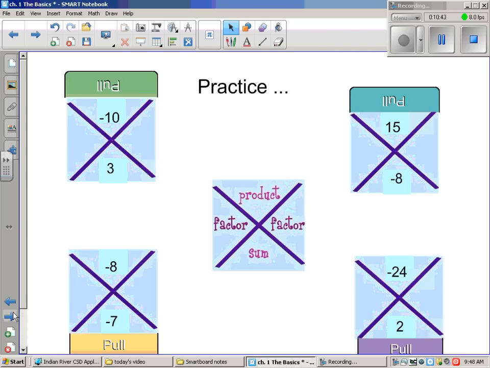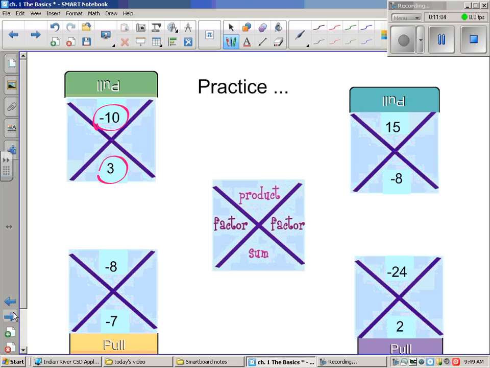The product was written on the top, and the sum is written down here. So you're basically saying what multiplies to give you this and what adds to give you that at the same time. But all I want you to do is, hey, can we simply factor these, that's one option, or we could come up with the equation. Because we're dealing with sum and products today, let's just rewrite these as equations.